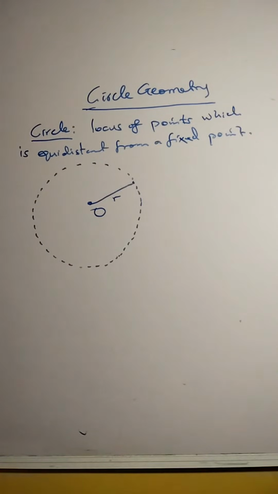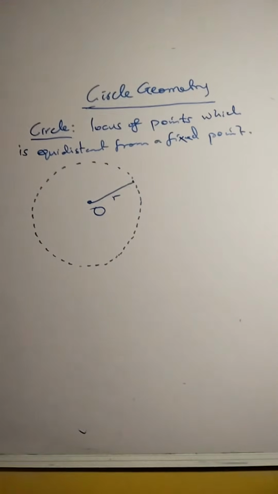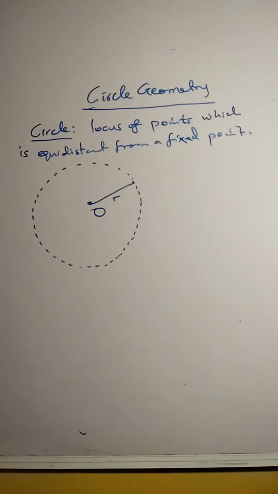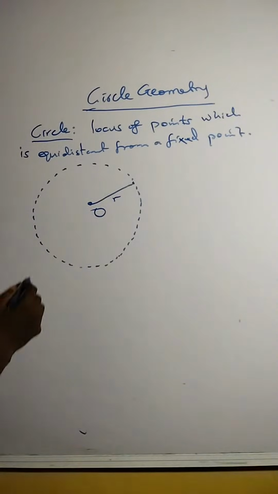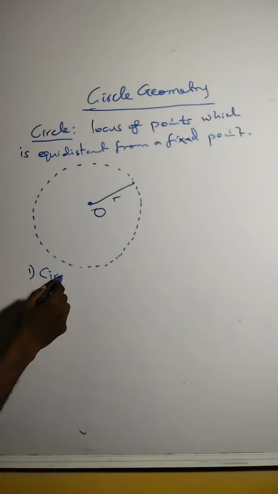So let's look at some parts of a circle. We have parts of a circle, and I want to consider them one after the other. The first one, we have circumference.